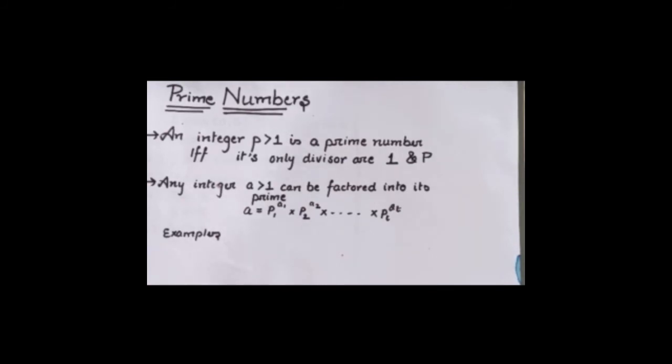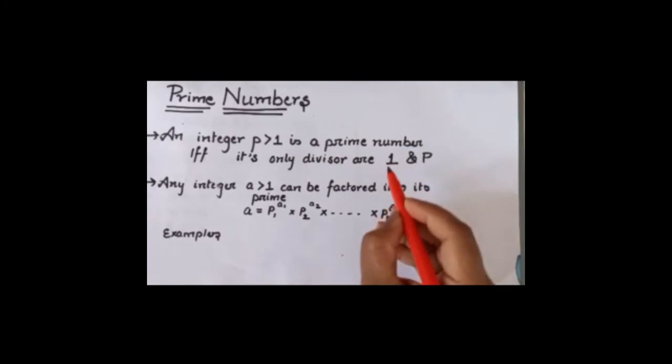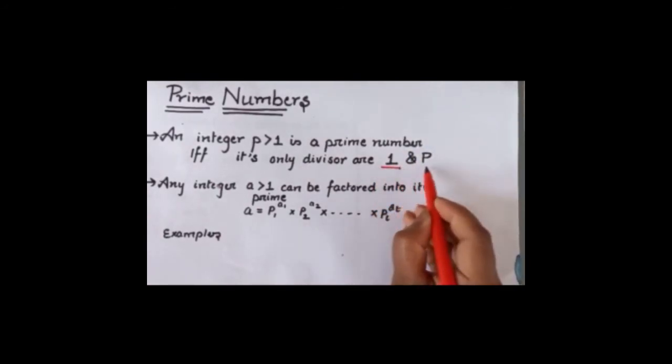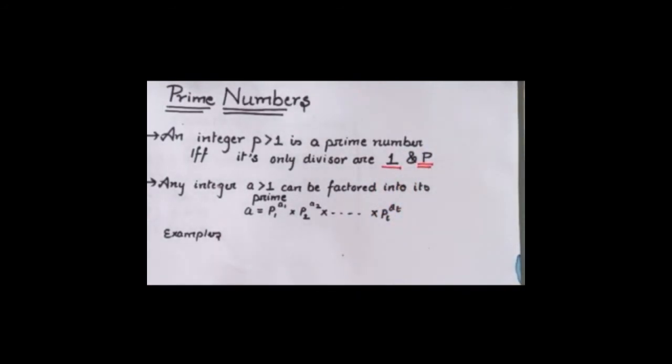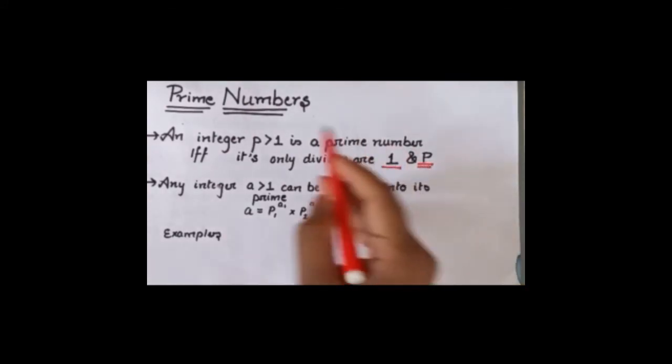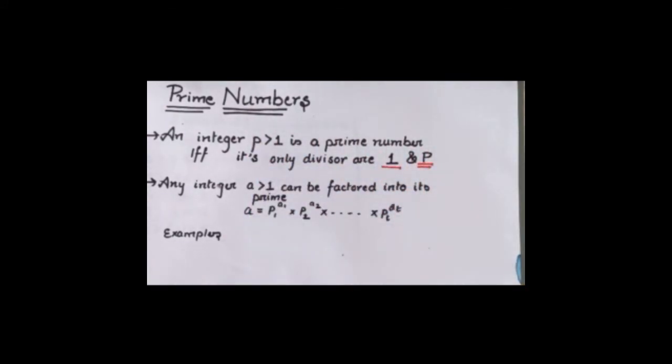Any integer p greater than 1 can be stated as a prime number if and only if its divisors are 1 and that number itself, p. Okay, one more property of prime numbers that you must know is that any positive integer can be factored into prime numbers.